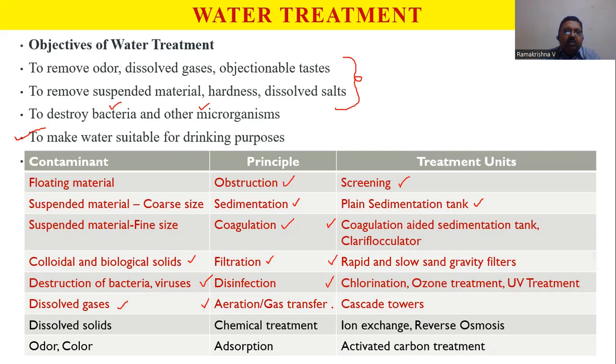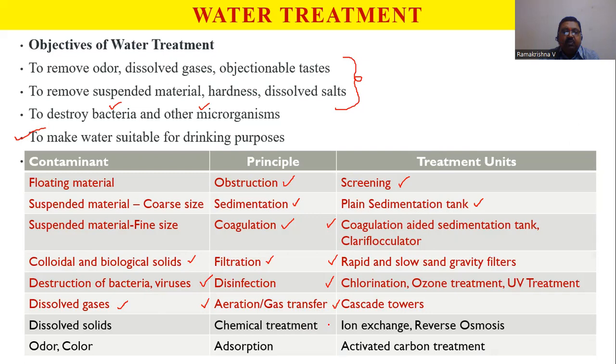Along with that, some dissolved inorganic chemicals like iron and manganese will also be there. They will be removed through oxidation, like iron oxide, manganese oxide, and so on. So we have a procedure called cascade towers, where we expose this water to the air for a specific period of contact time. Then some dissolved solids are there, depending on industry or source-specific generation.